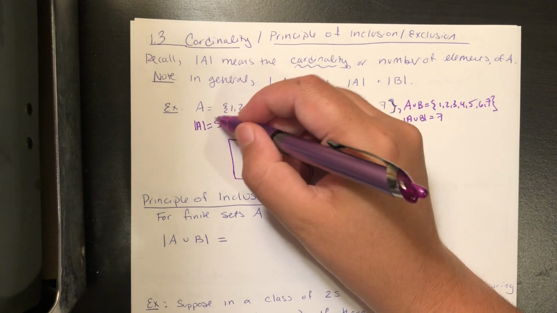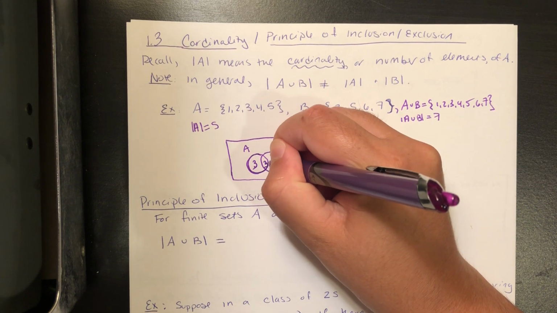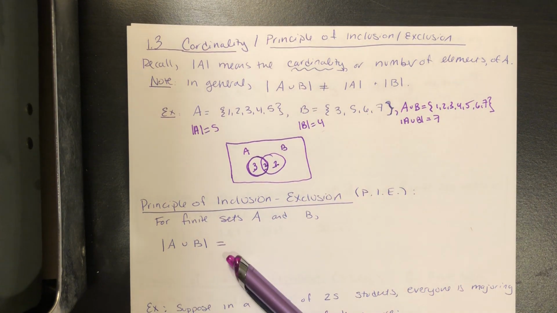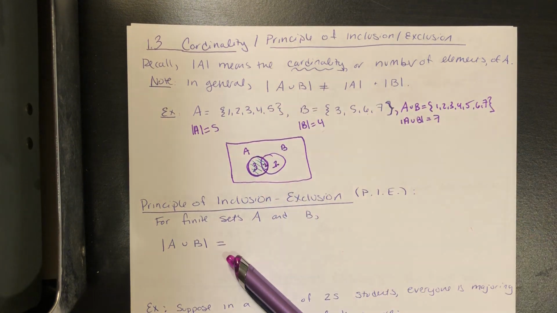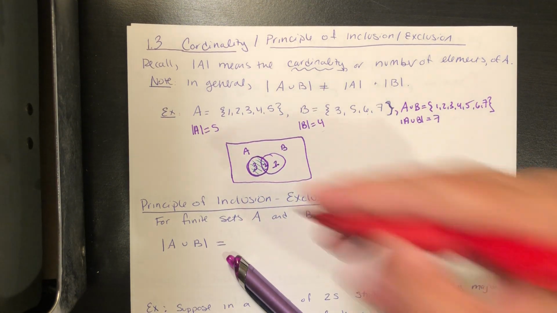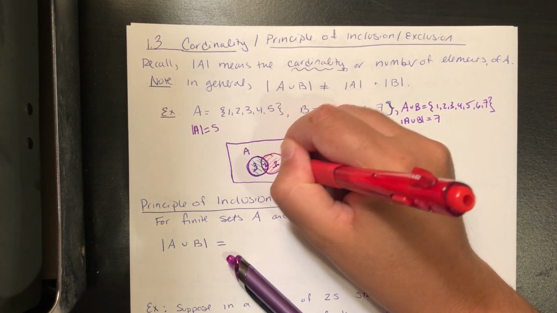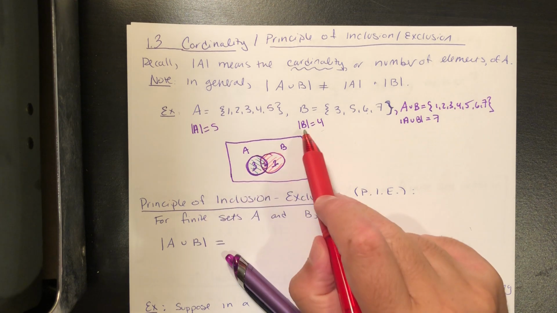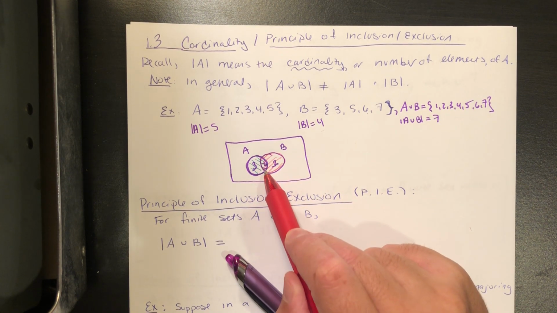But if we were to just add up 5 plus 4, we would be adding the cardinality of A, right? We'd be adding up this part right here, 3 plus 2 is 5, plus the cardinality of B, that's going to be this here. So by just adding up the cardinality of A plus the cardinality of B, you accidentally add in this middle section twice.